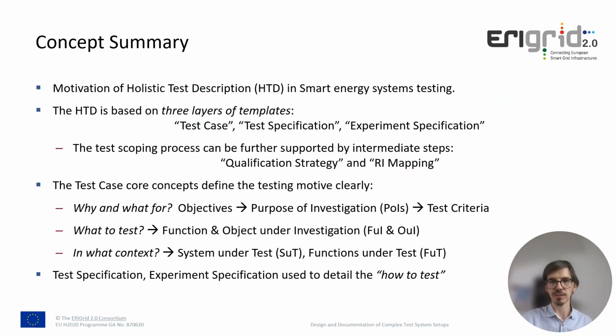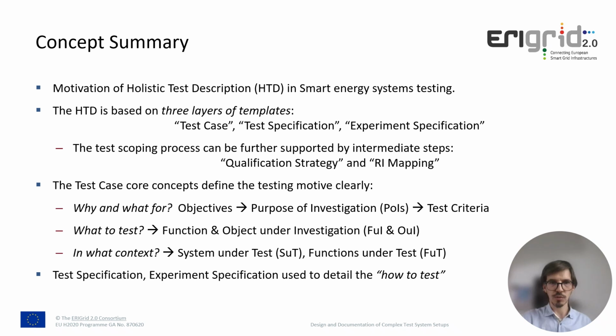So to summarize this, the holistic test description has been developed for smart energy systems testing as a comprehensive test description approach. It's based on 3 layers of specification and templates called test case, test specification, experiment specification. The test scoping process can be further supported by intermediate steps called qualification strategy and RI mapping.